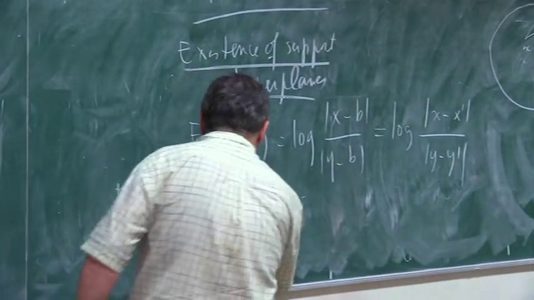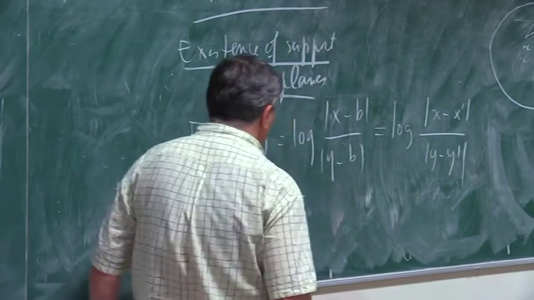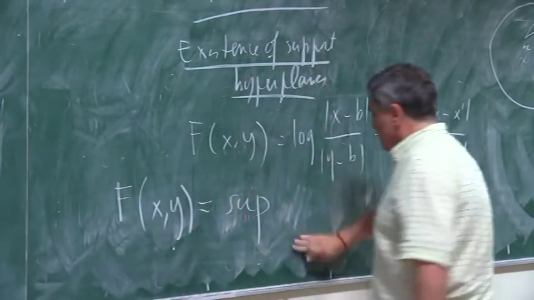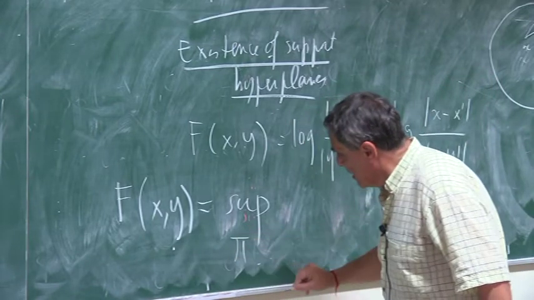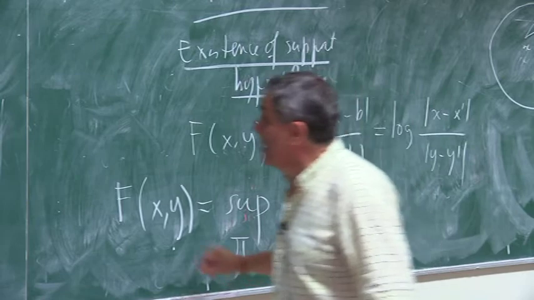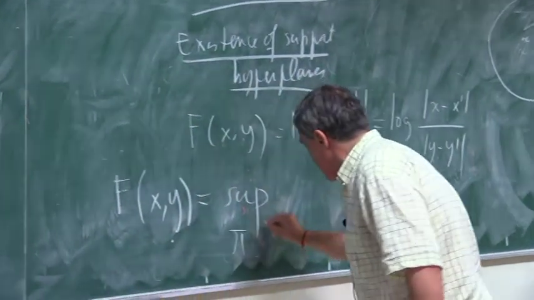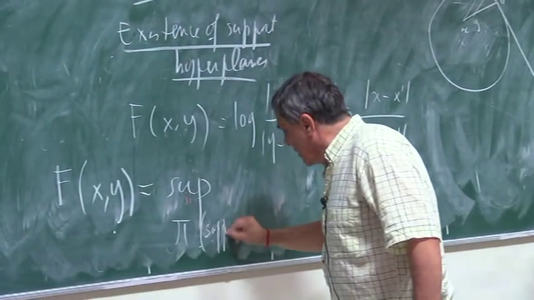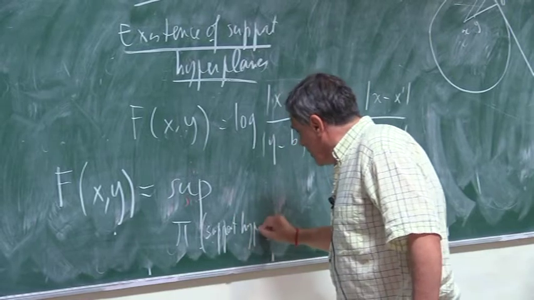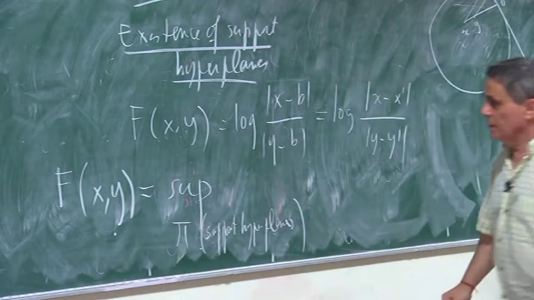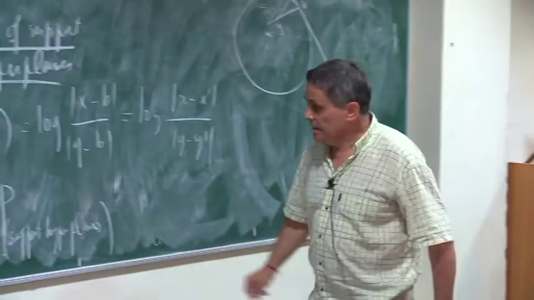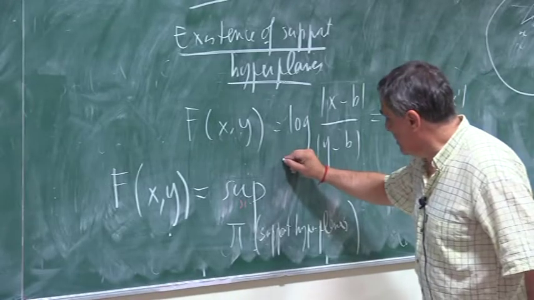It is the supremum over all support hyperplanes pi of the log of the distance of X to pi divided by the distance of Y to pi.